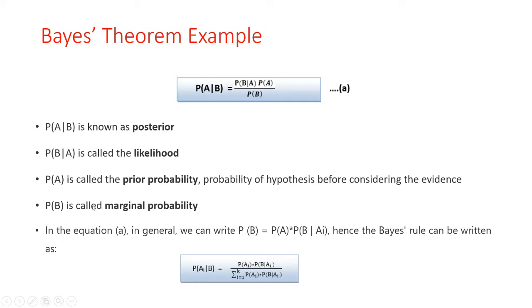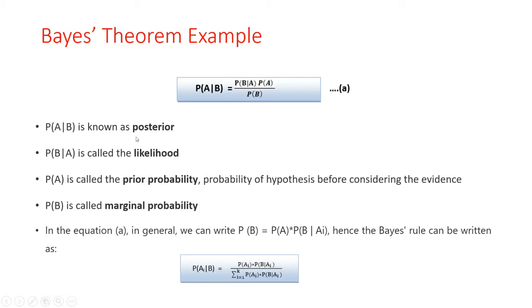And the probability of B is what here? It is called the marginal probability. So what does this mean? The marginal probability is the pure probability of an evidence.